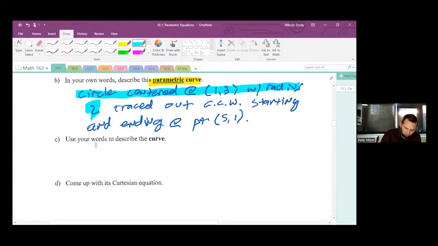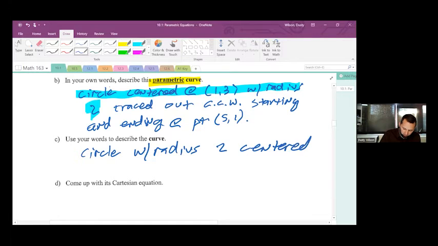So it's just a circle with radius 2, centered at 3, or I said 1, 3 above, I meant 3, 1. So up here, this should have been x equals 3, y equals 1.